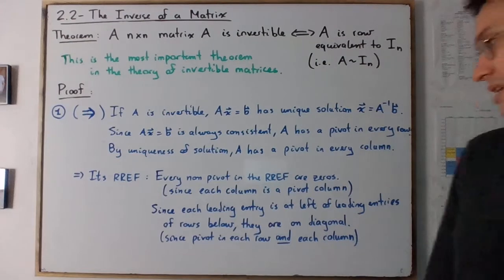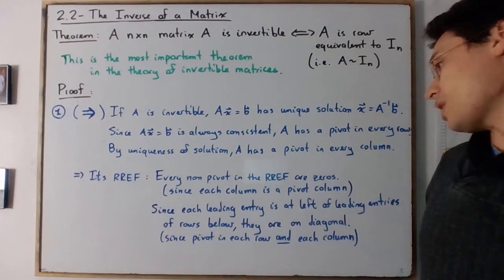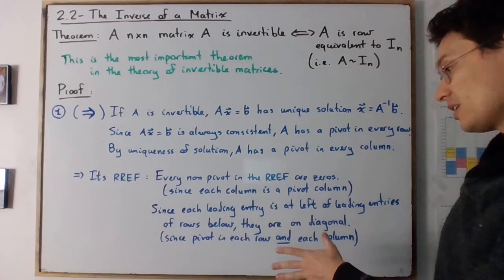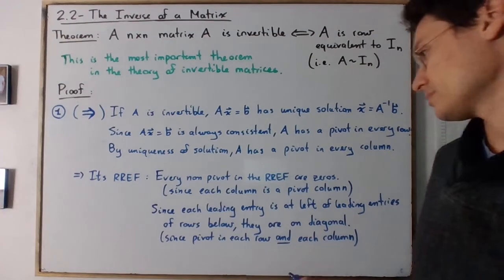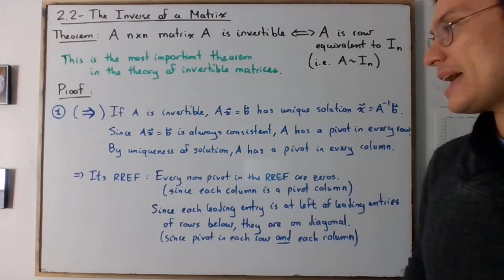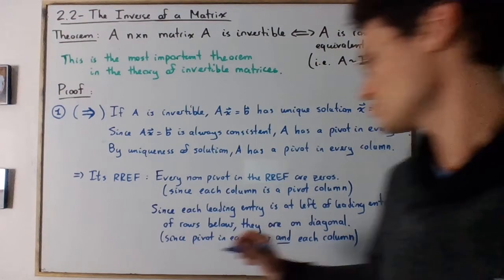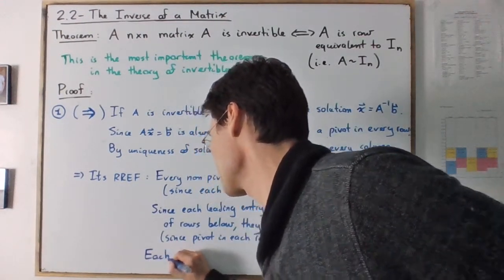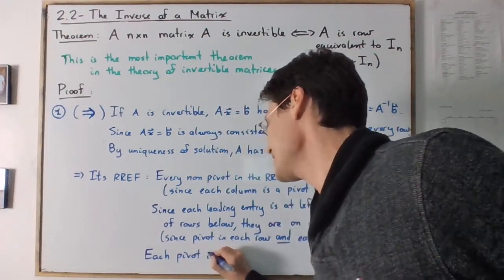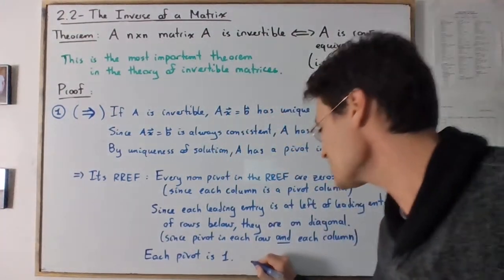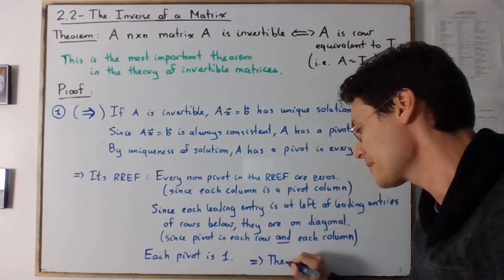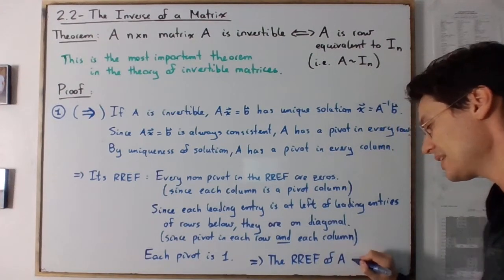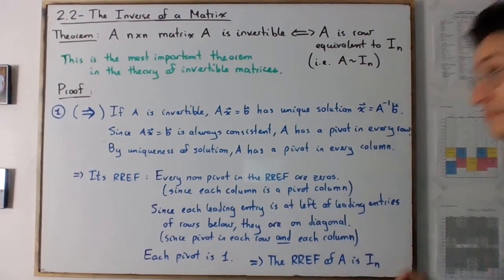So what does it mean? Well, quite simple. Every non-pivot is 0. Each leading entry is on the diagonal, and they are ones. So in our RREF, each pivot is 1. And this means that the RREF of A is actually the identity matrix I_n.